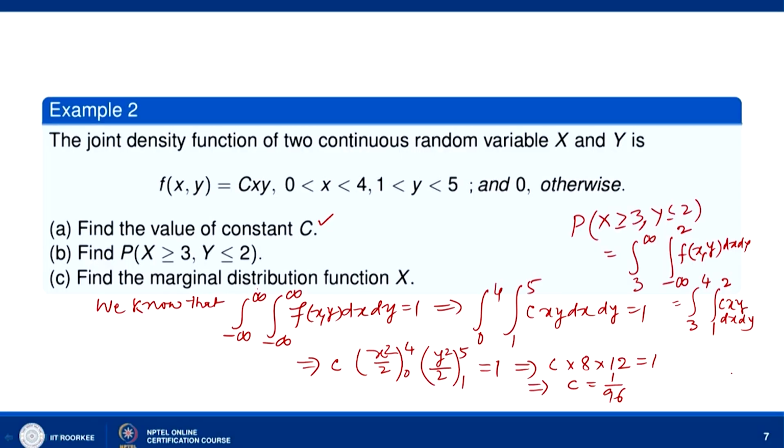Now, find the marginal distribution function of x. So, we have to find the marginal density function of x. Okay.